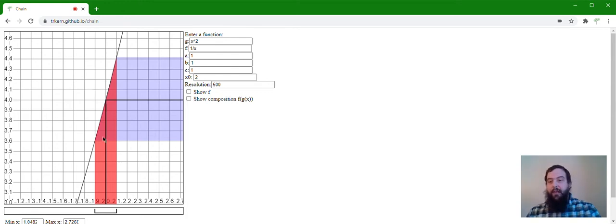And then if we want to go over this entire range from here to here, when we calculate the rise over the run, well, that's going to be the length of this output range divided by the length of the input range. The height of the output range is the rise going from this point to this point, and the length of the input range is the run going from this point to this point.